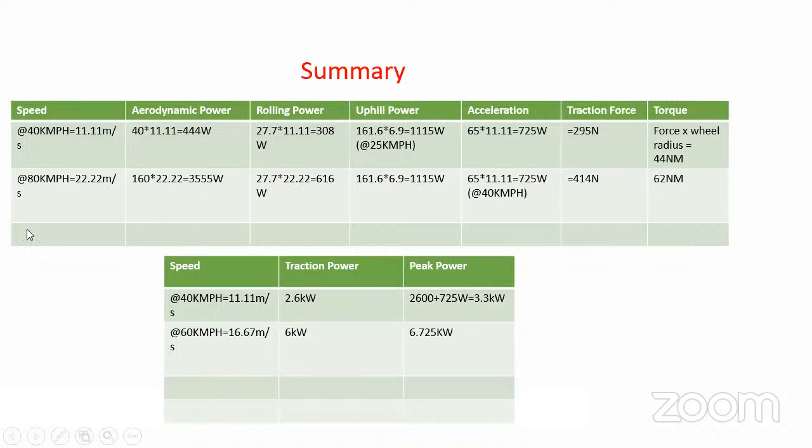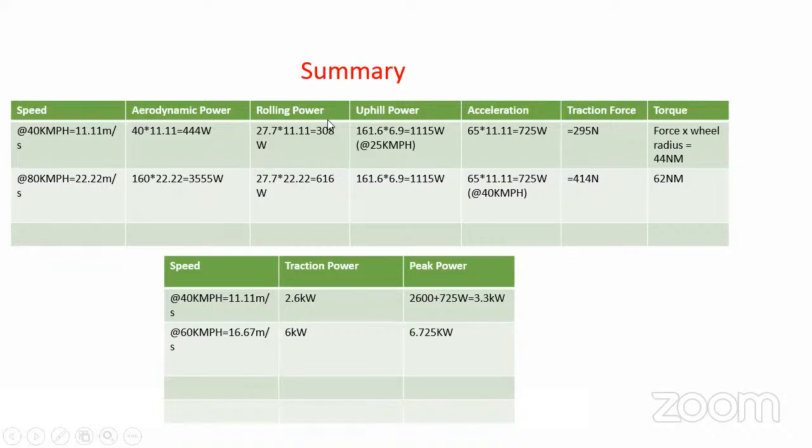And if you are moving at 80 kilometers per hour, to overcome the aerodynamic drag itself you need 3,555 watts, or 3.5 kilowatts. So when speed increases, that's what the story says: if the speed increases 2 times, the aerodynamic drag will increase 4 times because it is V square, 2 squared.